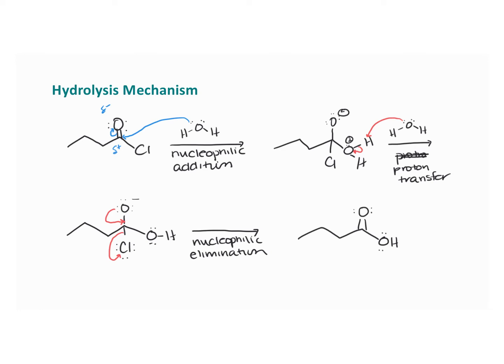And now we're left with a carboxylic acid. Okay, and so we can use an acid chloride to go to a carboxylic acid using a weak nucleophile like water in what we consider a hydrolysis reaction.